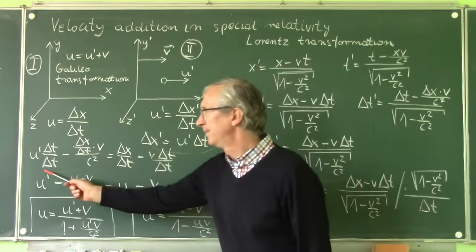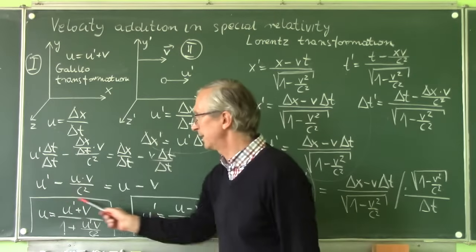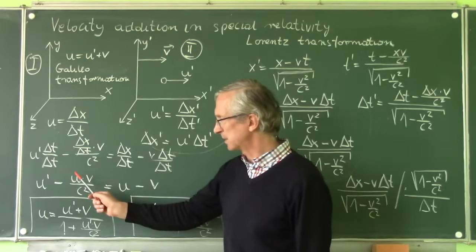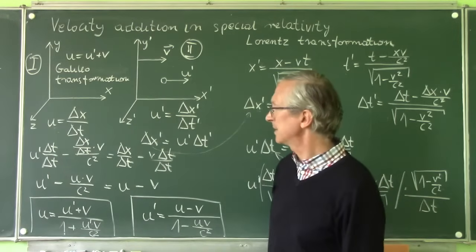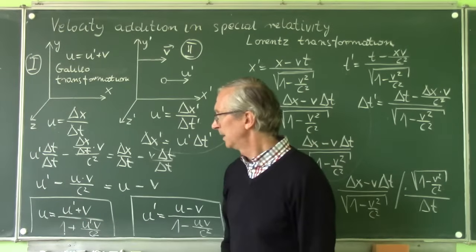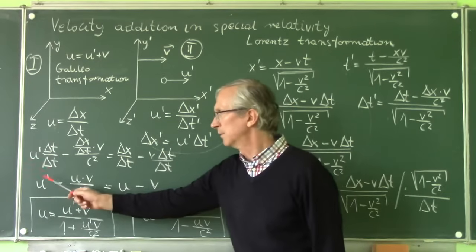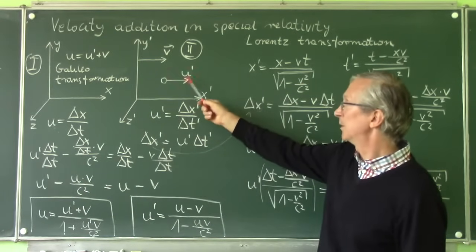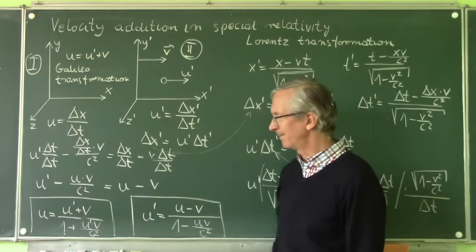It's enough to transform this equation and calculate from it velocity u, velocity measured in the first frame of reference, and it's done here, or calculate from this equation velocity u dash, velocity of this object measured in the second frame of reference, and it's made here.